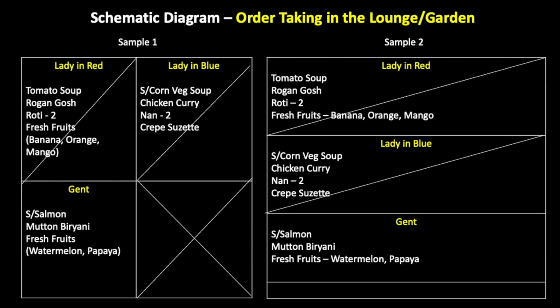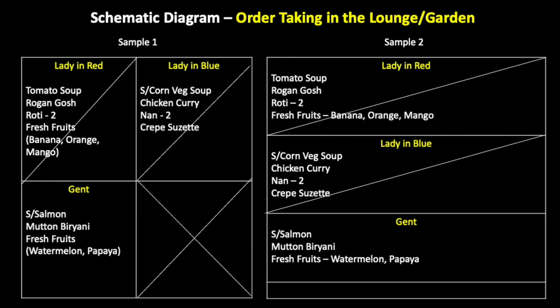The second method of taking order is a schematic diagram. Now, this is normally done when guests do not enter the restaurant immediately. They prefer to sit either in the lounge bar or in the garden and consume their beverages, wine, sherries, etc. Now, the waiter has no idea on what chairs the guests are going to come and sit on.